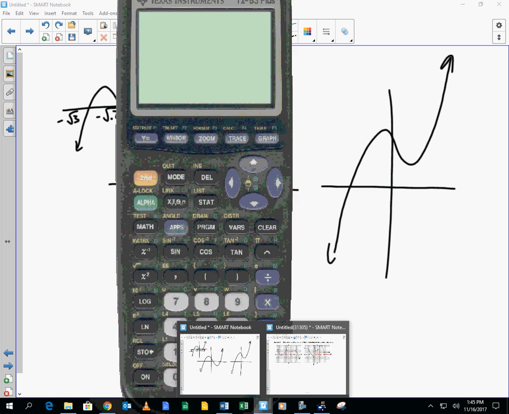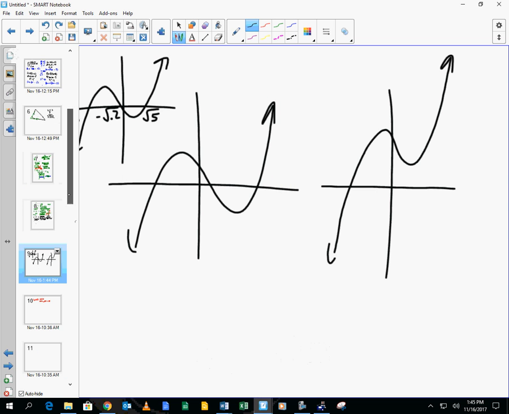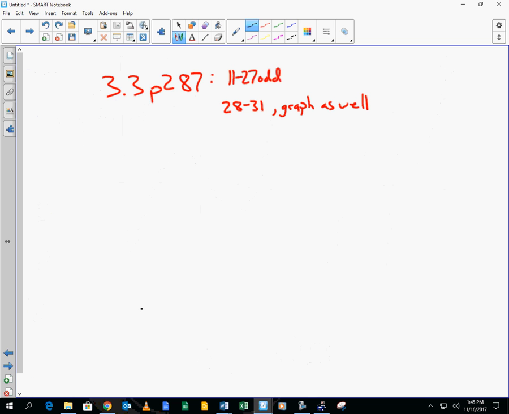You need your assignment. I've cut down your assignment from last year so that it's smaller. You are welcome. These, you do the rational roots theorem, okay, in order to find the solutions. 11 through 27 odd, that would be about 8 problems.